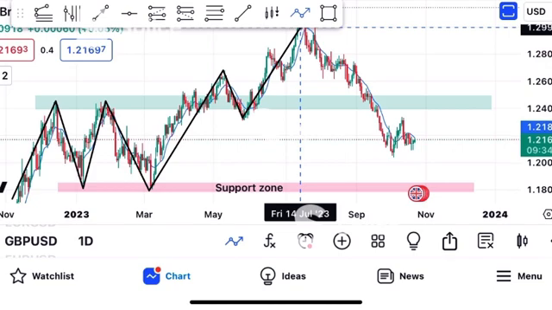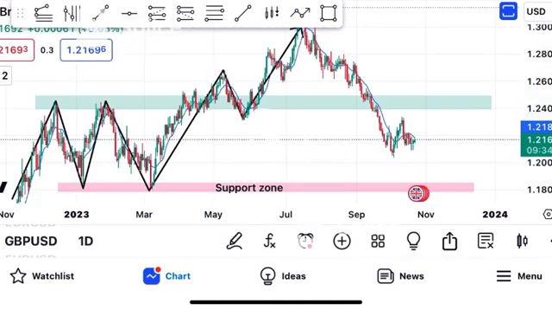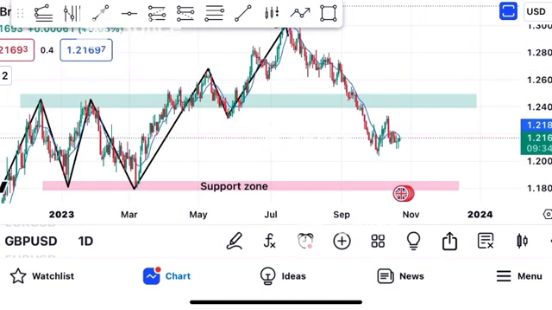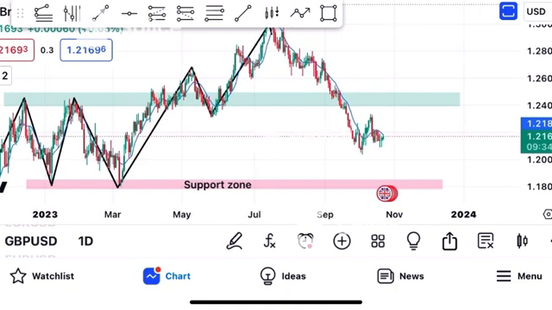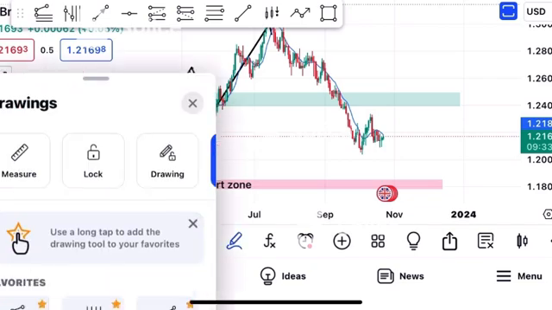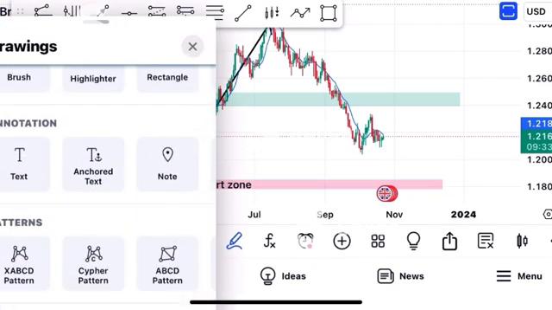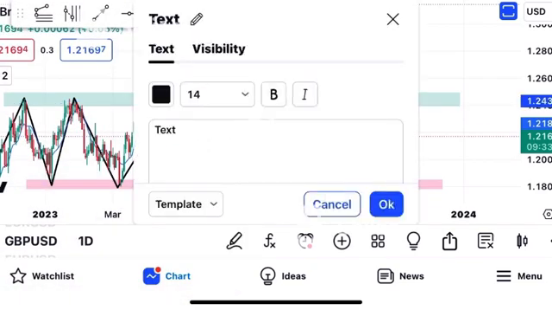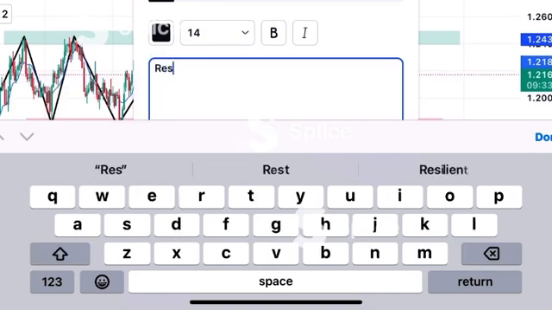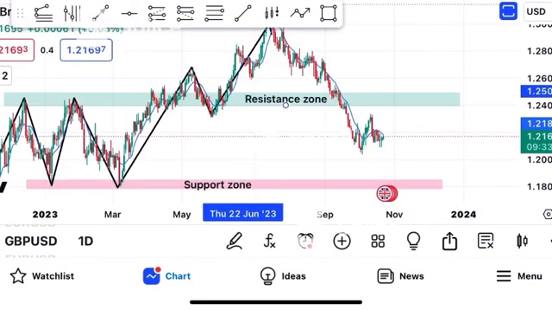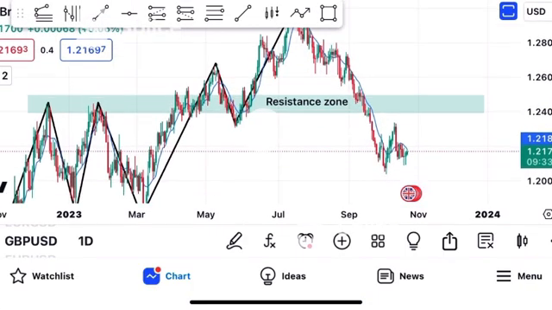So we expect that this green zone is a very important resistance zone since the price is currently below it. So I'm going to write that down. So this is our resistance zone.